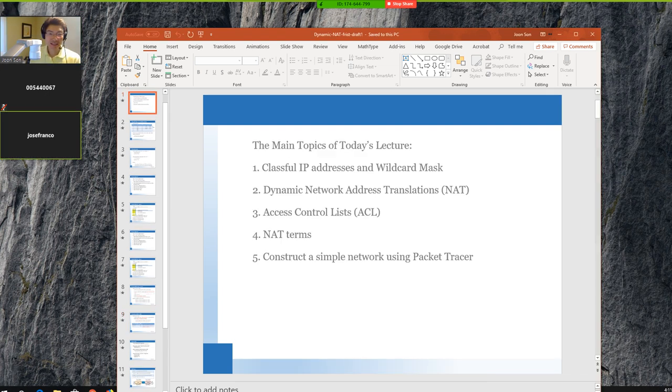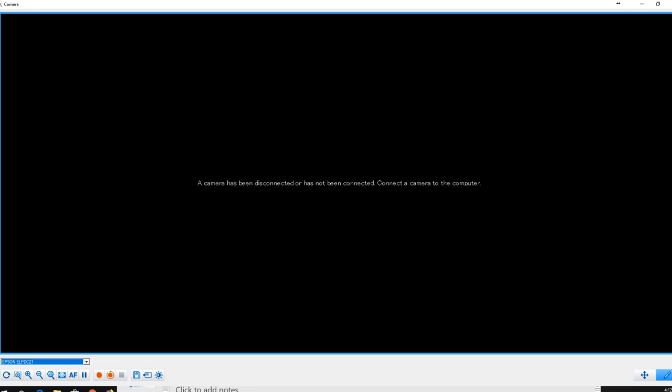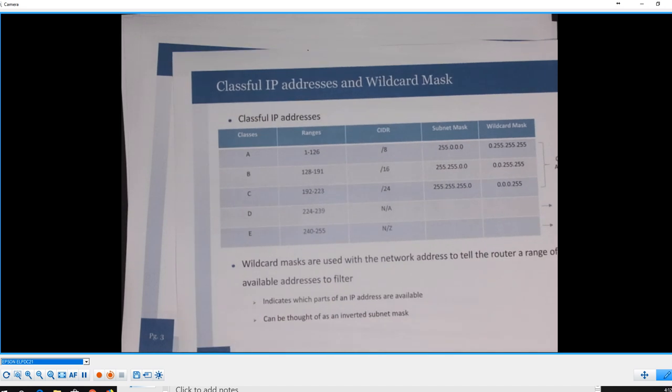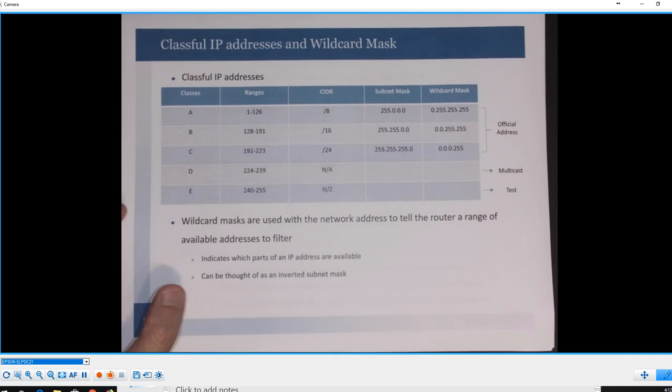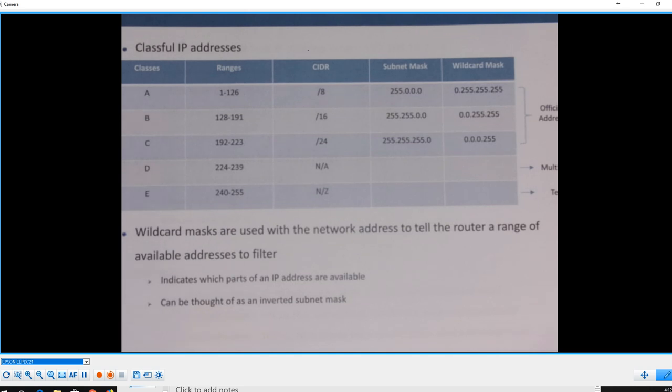talk about NAT, network address translation. And first, before I talk about network address translation, you know that we have classes A, B, C, D, and E. Okay. So we have class A, B, and C. Let me zoom in and focus.